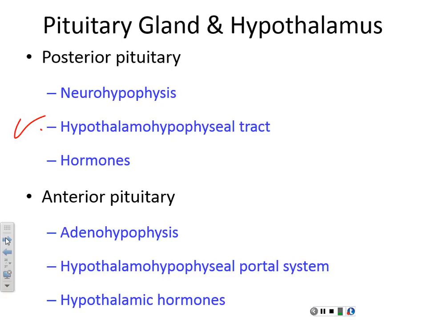Portal is just another fancy word for blood vessels that carry something from one area to the other. It's a carrier, so there's nothing fancy about that. And then the hypothalamic hormones: growth hormone releasing hormone, growth hormone inhibiting hormone, and thyroid stimulating hormone, and whatnot.